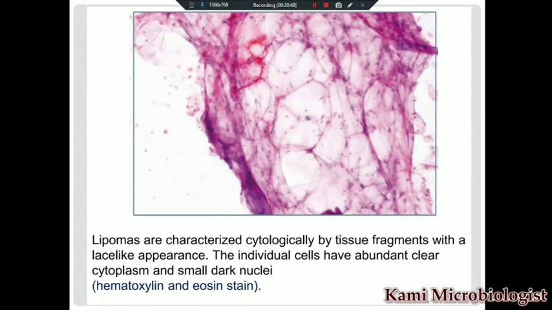Then we have again hematoxylin and eosin stain, H stain. In this case, lymphomas are characterized cytologically by tissue fragments with a lace-like appearance. The individual cells have abundant clear cytoplasm and small dark nuclei. As you can see, small dark nuclei are present in this case.